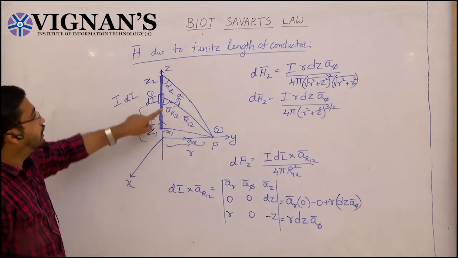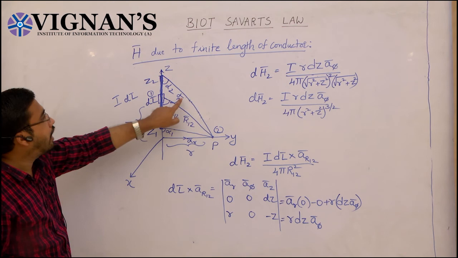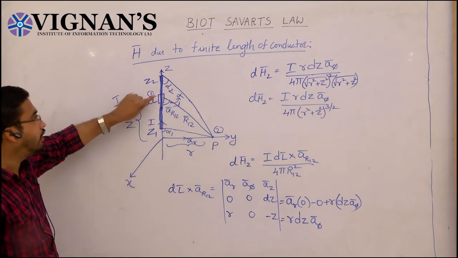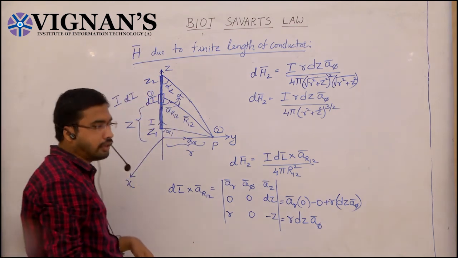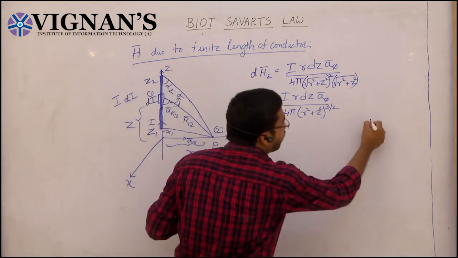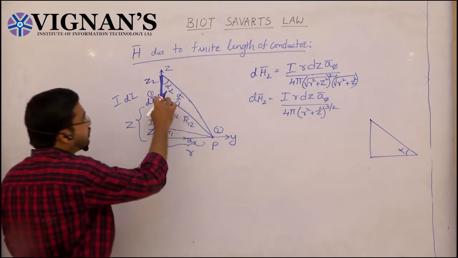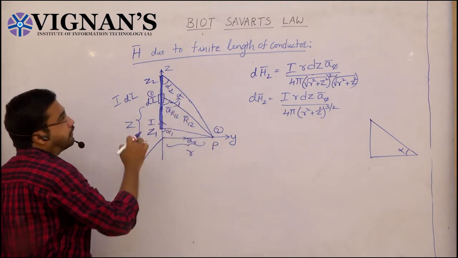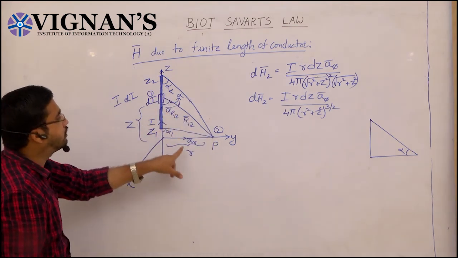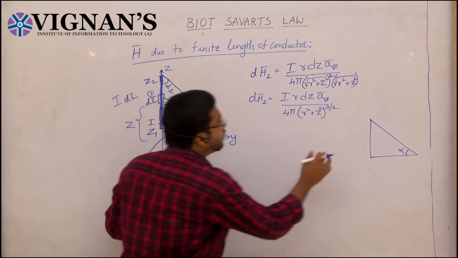Now if you take the right angle triangle with this angle alpha from differential length DL, then consider the right angle triangle whose angle is alpha. What is the distance opposite to alpha?